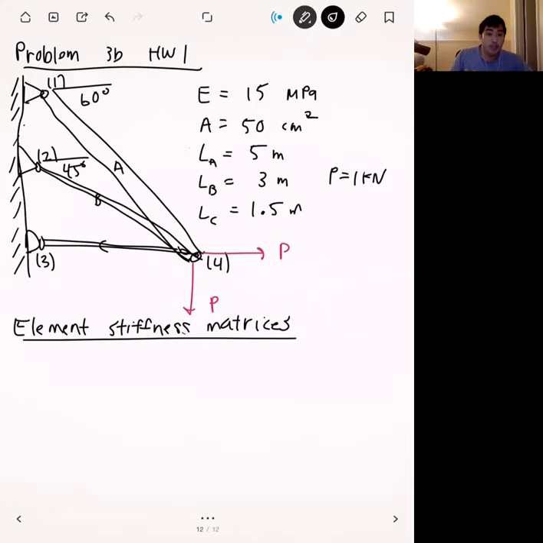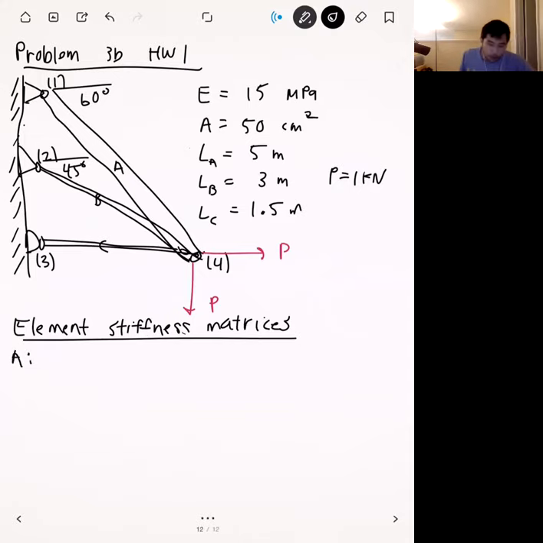The element stiffness matrices, we're just going to plug into our equation on the previous page. For these 2D truss problems, what I usually like to do is compute everything ahead of time before I plug it in. So let's start with element A.